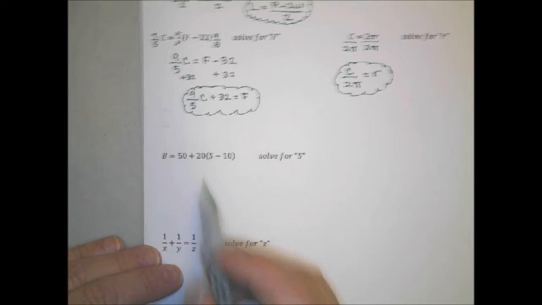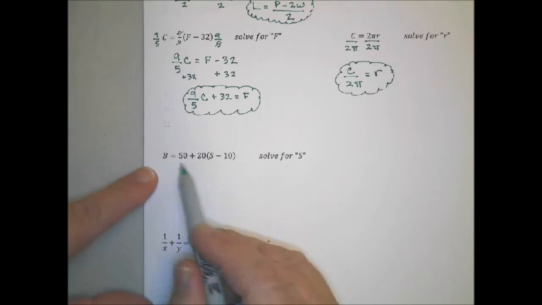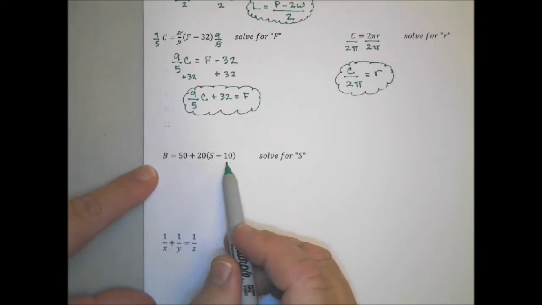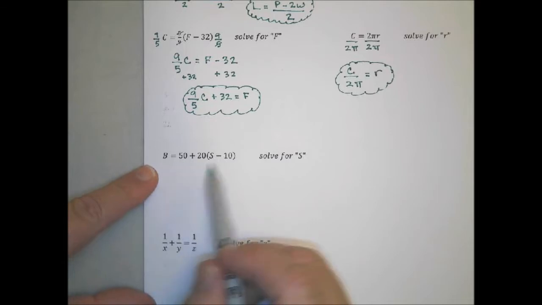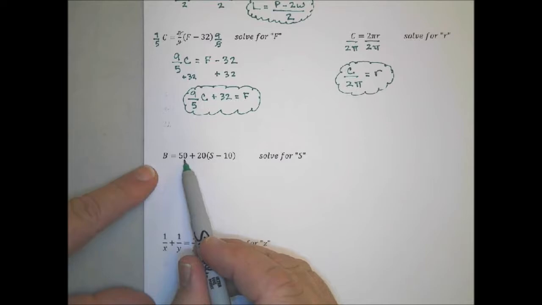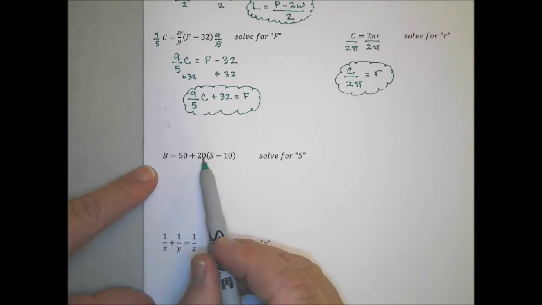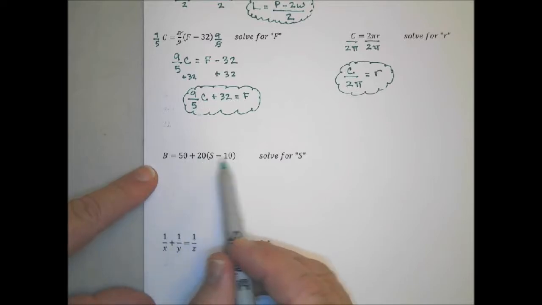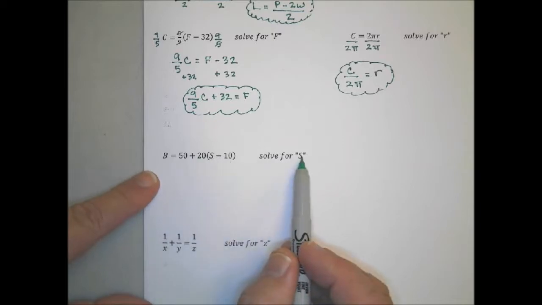This next problem is a formula that's actually used in my AP statistics book. It revolves around the budget for a classroom. Every classroom gets $50, plus it gets $20 for every student over 10 students. So I want to solve for student.